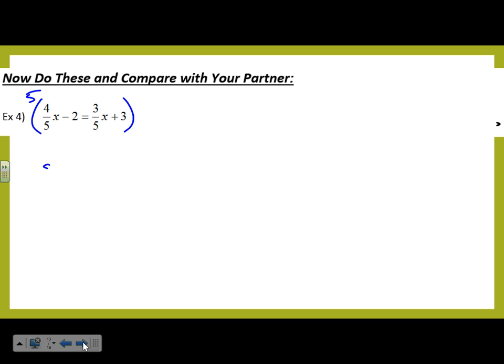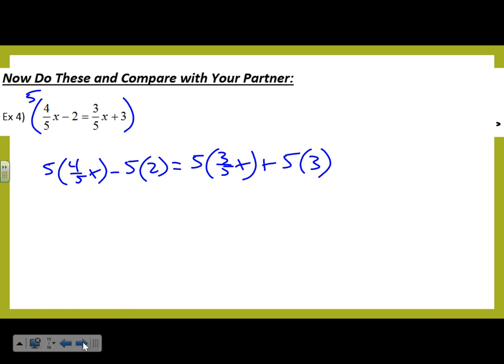We get 5 times 4 over 5x minus 5 times 2, equals 5 times 3 over 5x plus 5 times 3. And again, I know it's a lot of writing, but I'd rather write a lot and get the right answer, or write a lot and make it easier.